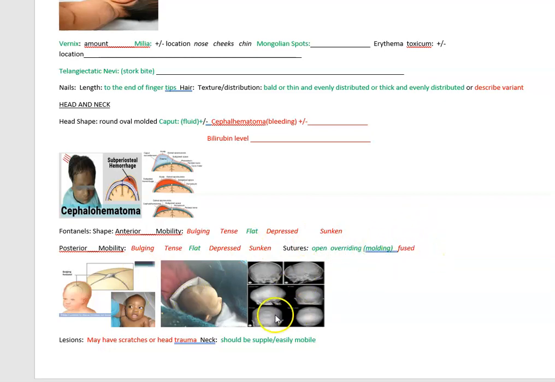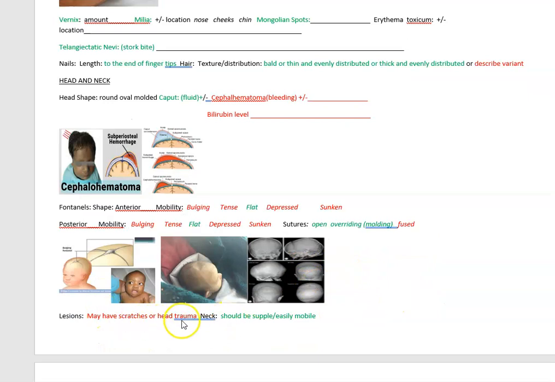But if it's fused, and you can see this central sagittal suture is absent. It is fused on this neonatal head. This baby's head cannot grow. And so this is a very distinct red flag that tells us that this baby needs to be evaluated immediately. This baby will actually go to surgery and have surgery on these to open them.